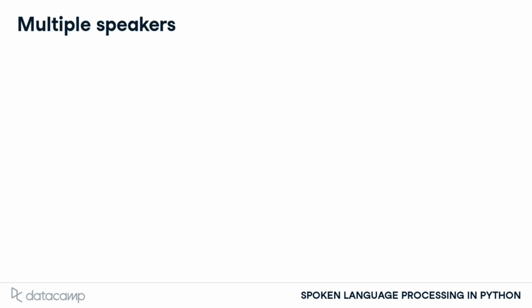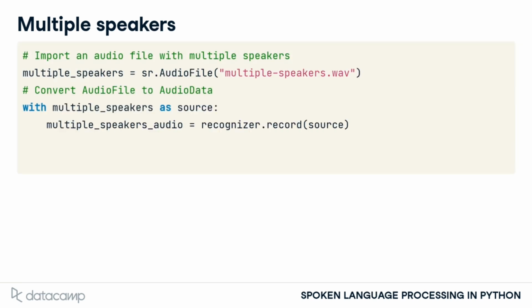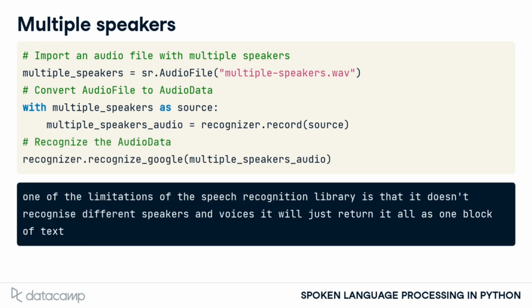Next comes multiple speakers. The free Google Web API transcribes speech and returns it as a single block of text, no matter how many speakers there are. A returned single text block can still be useful. However, if your problem requires knowing who said what, you may want to consider the free API we're using as a proof of concept, and then use one of the paid versions for more complex tasks.